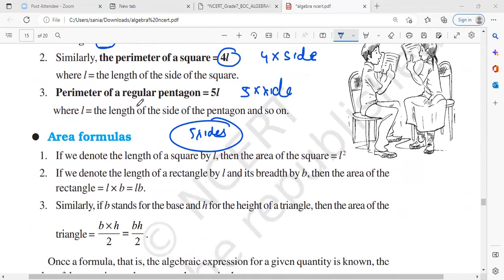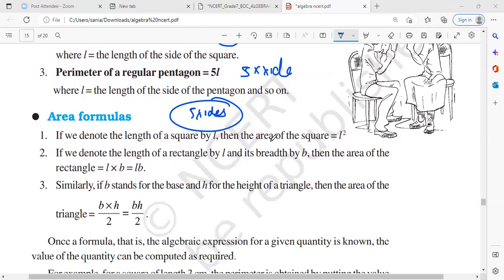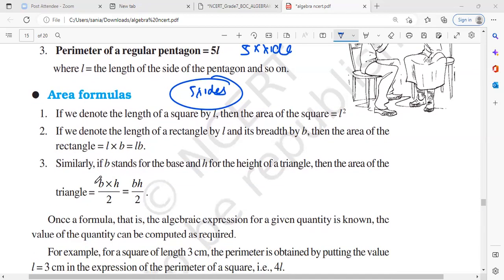Now we will do area. So first is the area of a square. It is side into side. Then the area of a rectangle, length into breadth. And this is important: the area of a triangle, which is breadth into height over 2, which is basically half into base into height. Like this.